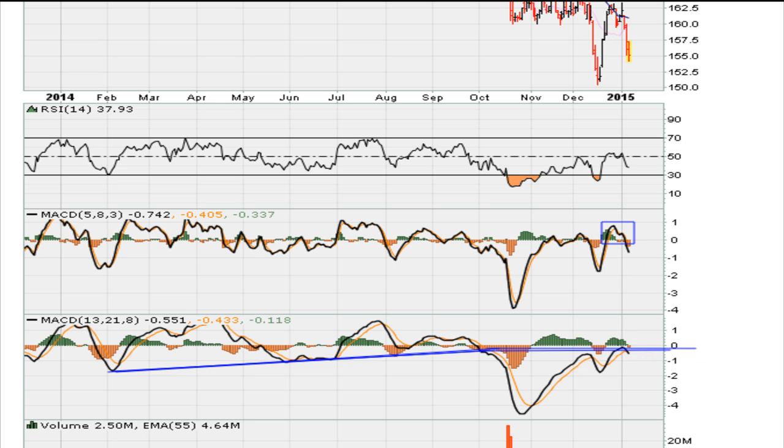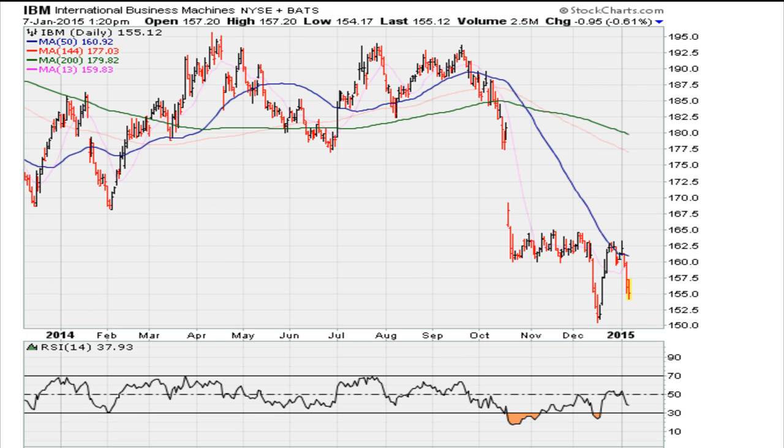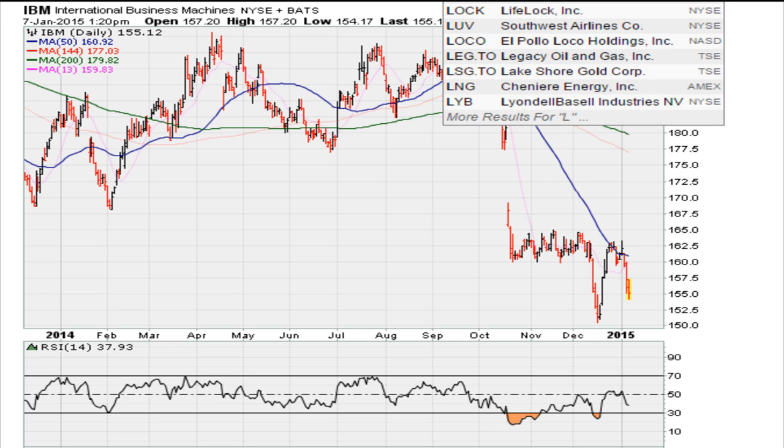So not only are you seeing uniform activity above zero and back below it, which is bearish, you also see the rejection at zero, which is bearish, and also coming back to a prior break level here. And that break level is at the same level where it is stalling right now. So on multiple fronts, IBM continues being bearish. Of course, you always have to have stops in case markets change direction.